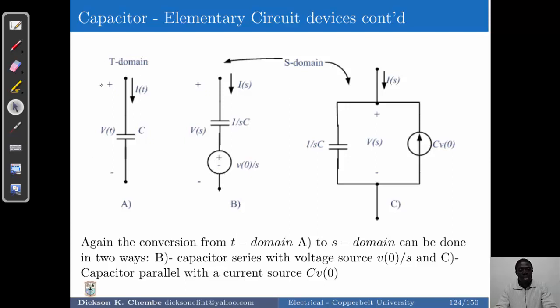So what we get in the time domain, we can convert to either a capacitor in series with the voltage source, or a capacitor in parallel with a current source, and we can use that now to determine and find the solutions.